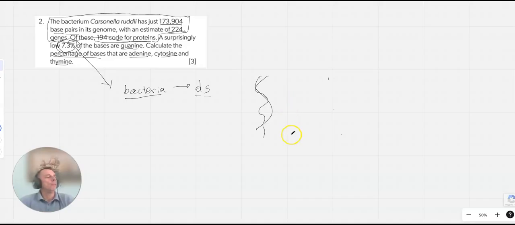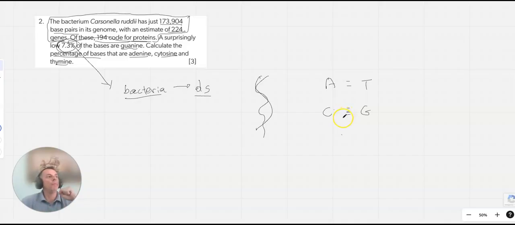Based on the complementary base pair rule, adenines are paired with thymines and cytosines paired with guanines. You see three lines here that represent the number of hydrogen bonds. Again, we don't need that here.